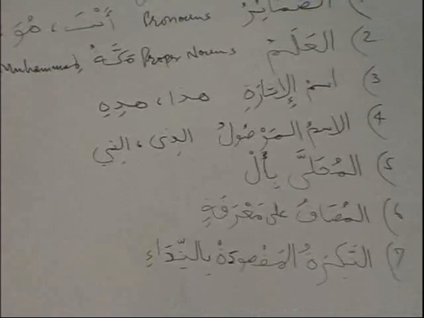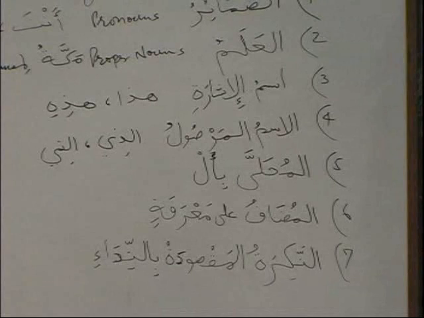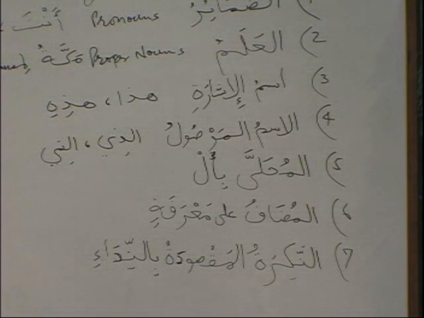Ya waladu. Ya rajulu. No, rajulun is any man. But when you say Ya rajulu, then that is one particular man you are calling. So Ya waladu, Ya rajulu. Or you can even say Ya Muhammadu, but Muhammad was already definite. So Ya did not really make any difference to it.